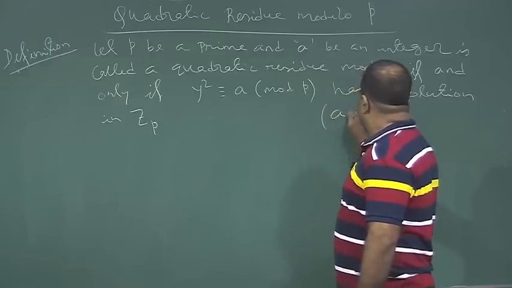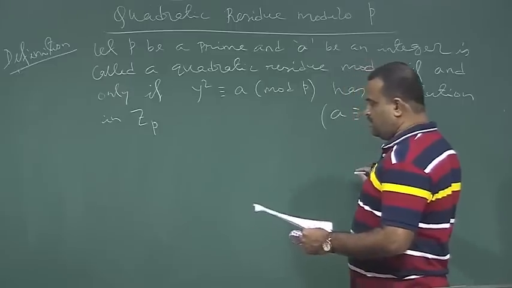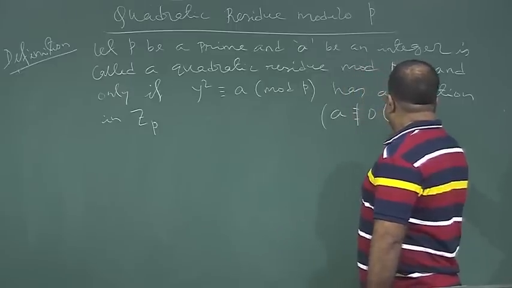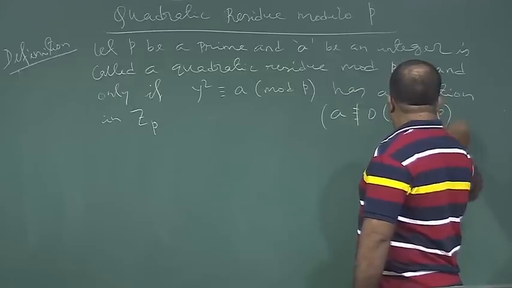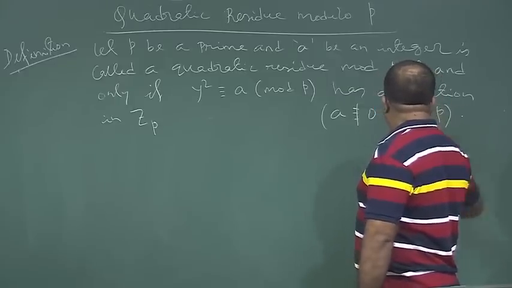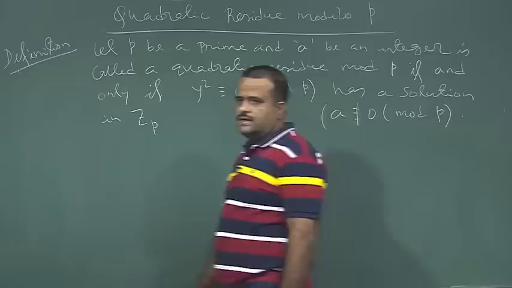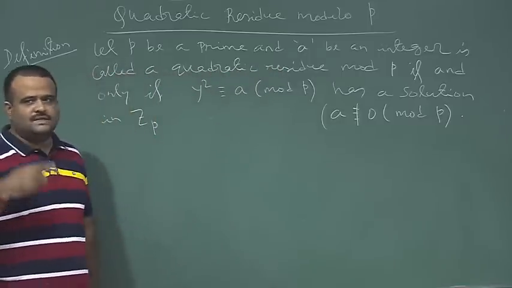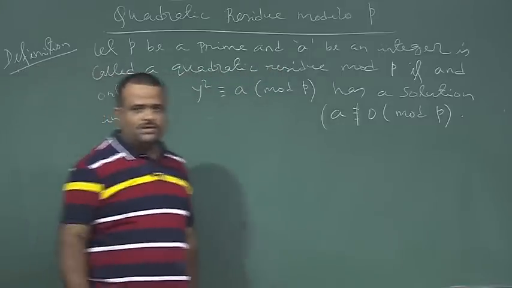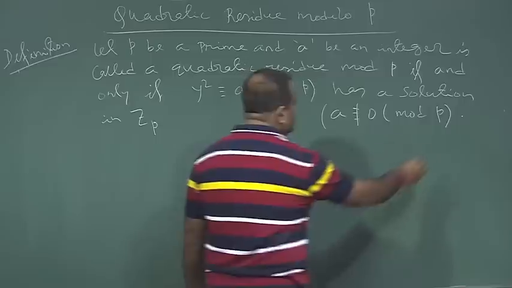Here a must not be congruent to 0 mod p, so a is not a multiple of p. a congruent to 0 mod p means a is either p, 2p, 3p and so on, so we are not allowing this.